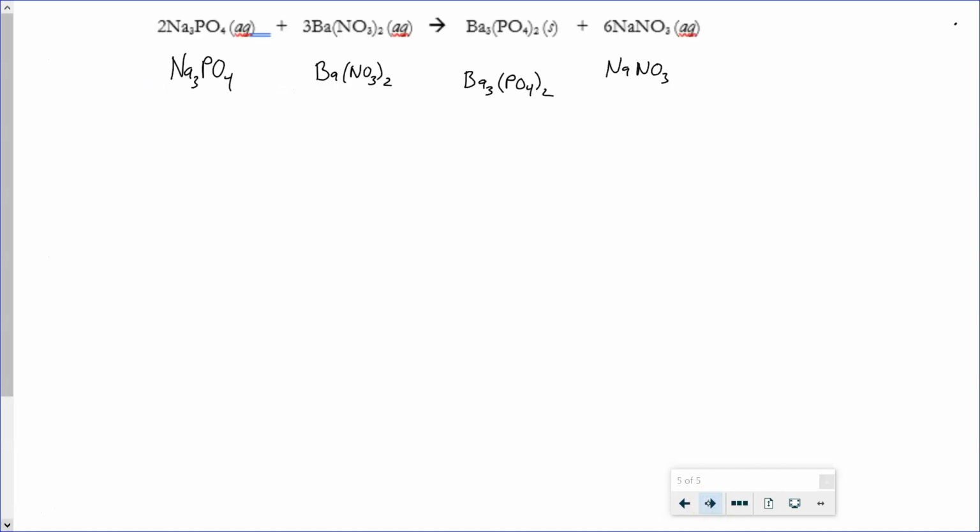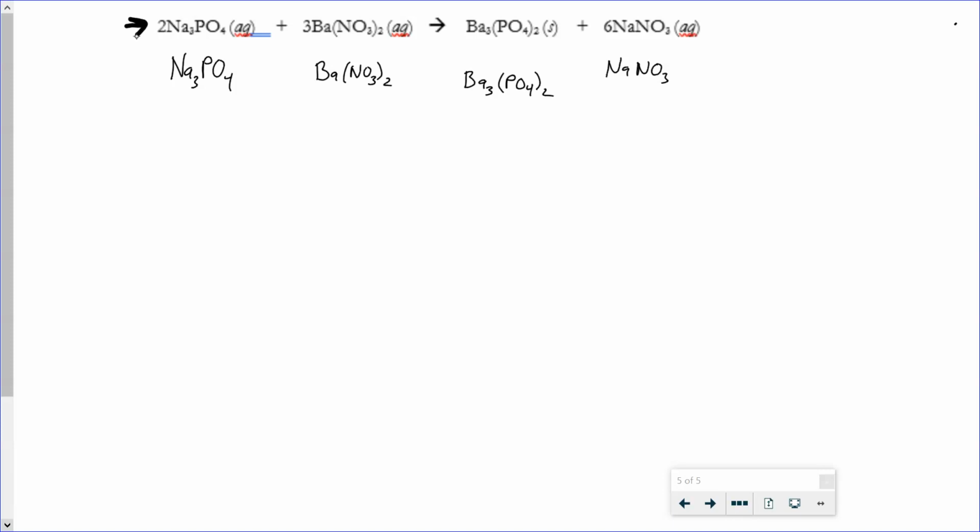So let's set this up. I went ahead and created some units here for my purposes because trying to write these in takes a long time and it's very difficult. And so here we have the balanced reaction. We can see that 2 moles of sodium phosphate will combine with 3 moles of barium nitrate and yield 1 mole of barium phosphate and 6 moles of sodium nitrate.